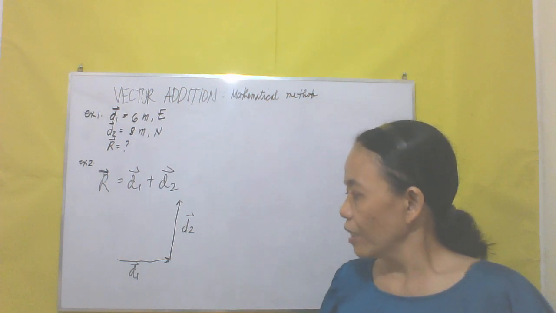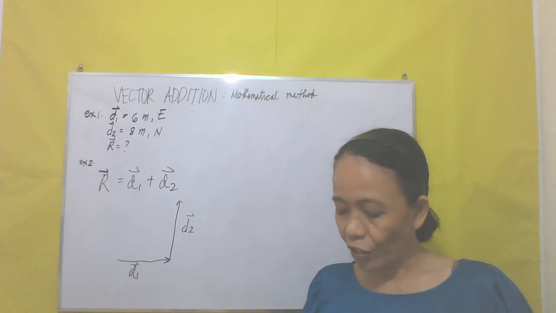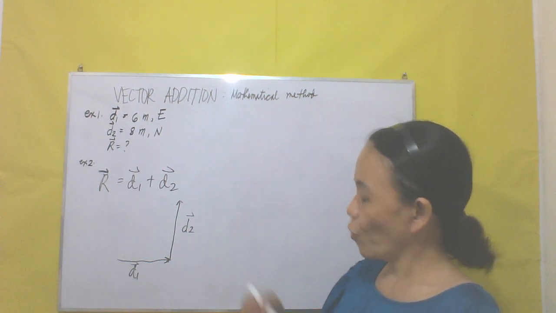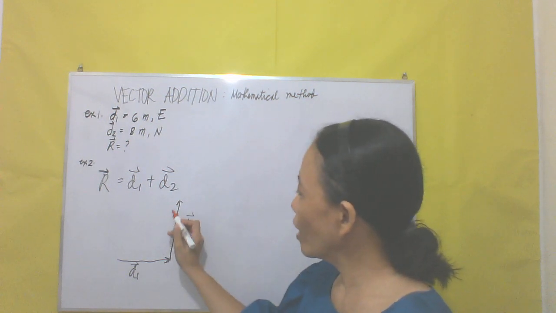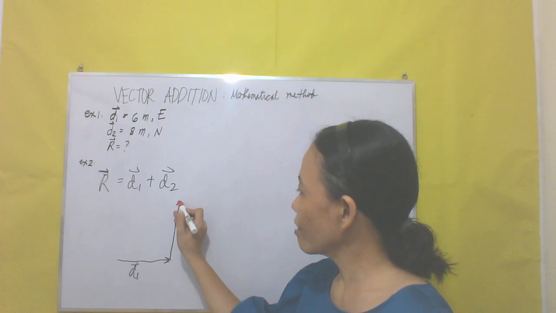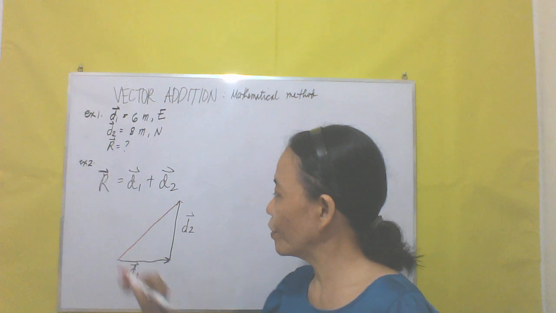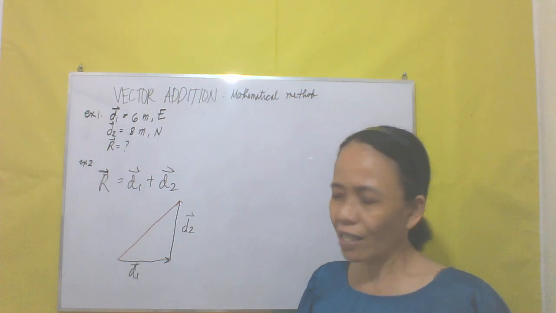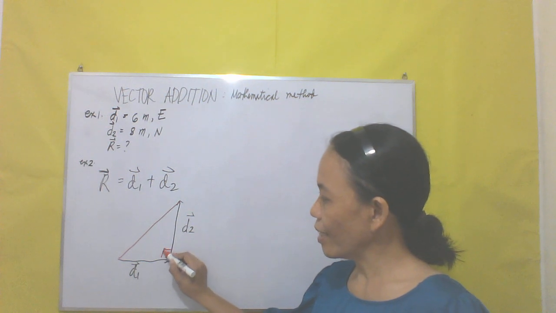Then, if you're going to draw the resultant vector, draw a line from the head of the last vector to the tail of the first vector. As you have noticed, this forms a right triangle.